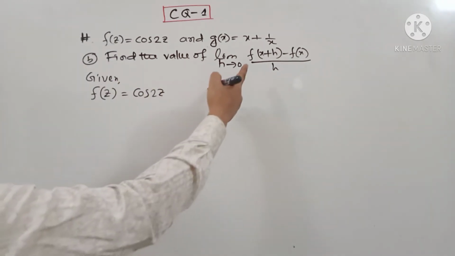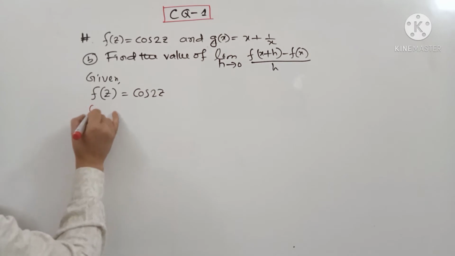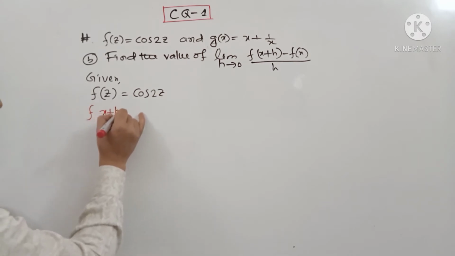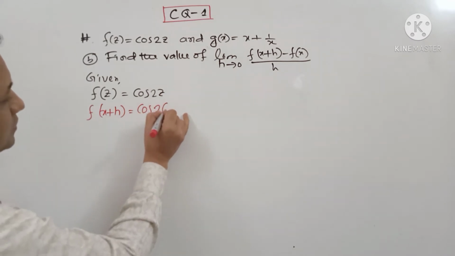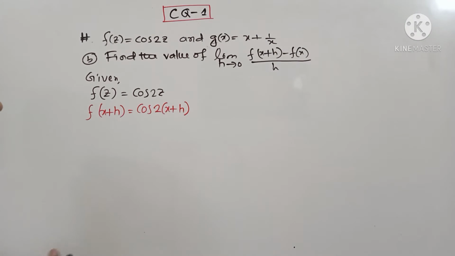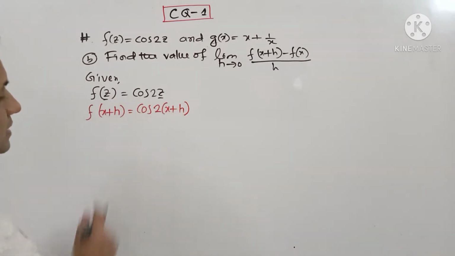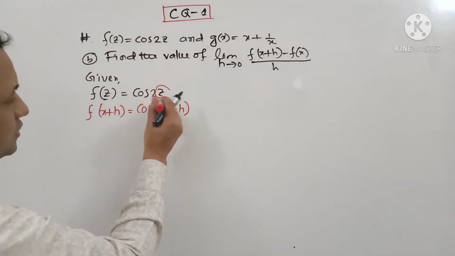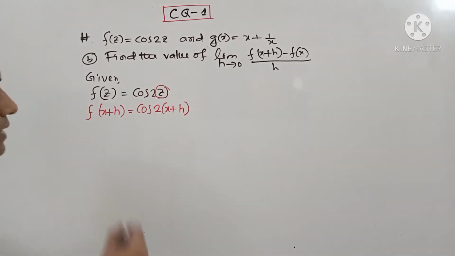So students, find the value of f of x plus h. So f of x plus h equals cos 2 into (x plus h), putting the value of z equals x plus h.